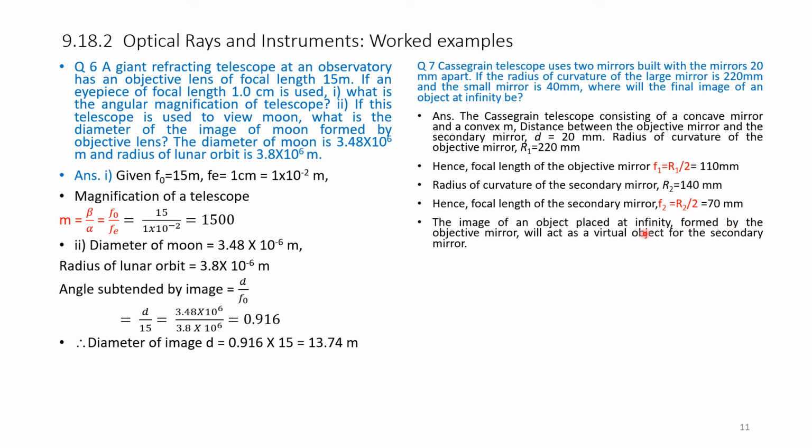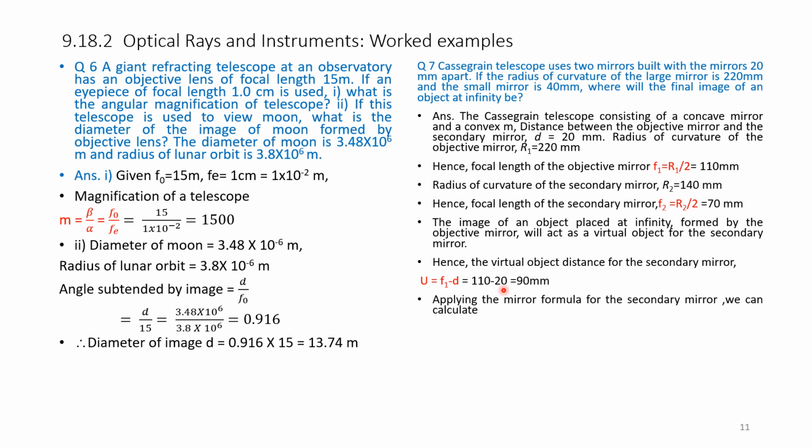The image of an object placed at infinity formed by the objective mirror will act as a virtual object for the secondary mirror. Hence, the virtual object distance for the secondary mirror is u is equal to f1 minus d, that is equal to 110 minus 20 equals 90 mm.